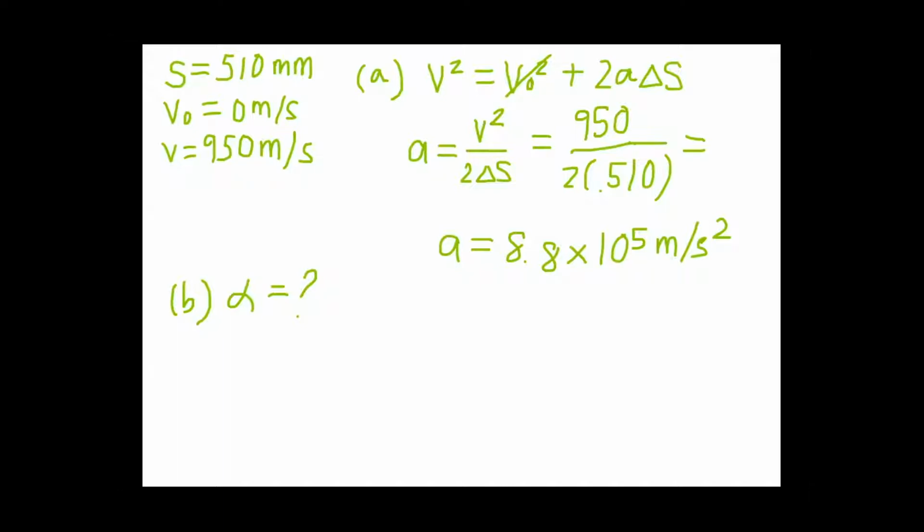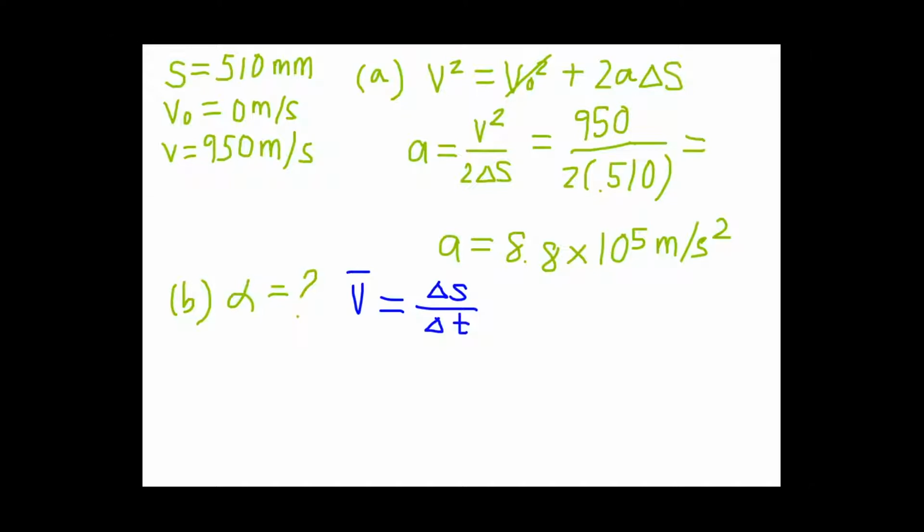To find the time, we have the velocity and the distance, and using the average velocity formulas, we can figure out an equation for time. So we could say that v bar, the average velocity, would be equal to delta s over delta t, the change in the distance over the change in the time.